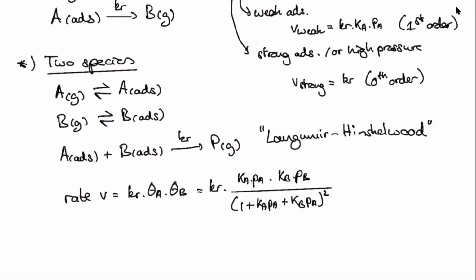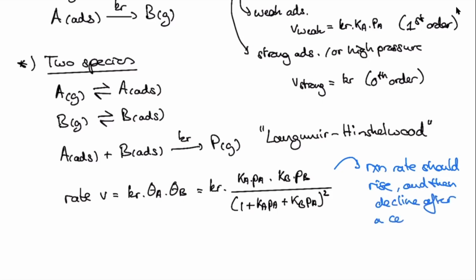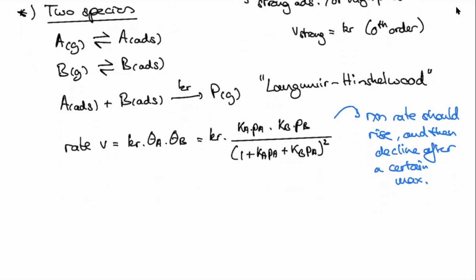So this is again interesting, right? Because this says that the reaction rate should rise if we increase theta A or pressure of A and pressure of B, and then decline after a certain maximum. So how is that, right?